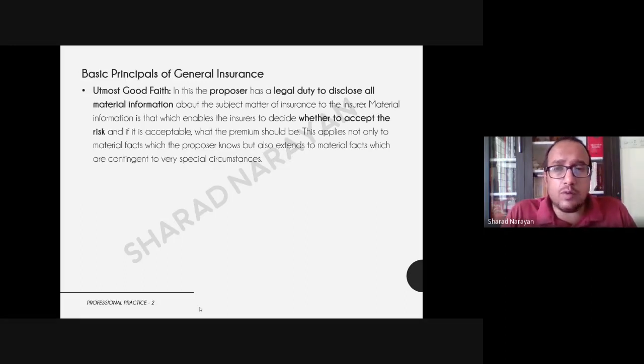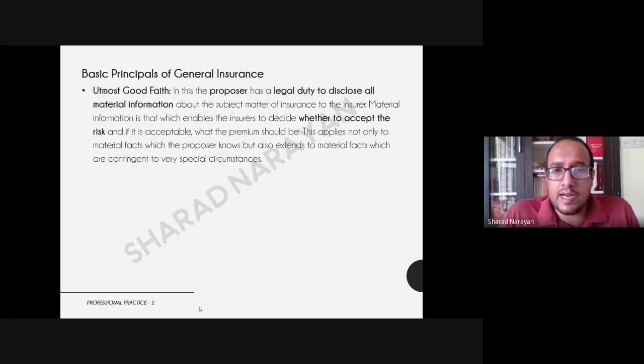So automatically, the proposer's proposal gets rejected on the basis that the risk is almost 100% upon the insurer, the company which is doing the insurance. So it is almost guaranteed that the proposer is going to lose his property, and it is not considered a viable risk for the insurance company, and therefore they will reject it.